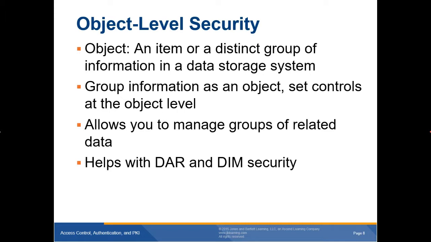An object is an item or a distinct group of information that is stored somewhere, usually in a relational database. Again, as we talked about, databases can be secured, but it can be grouping information. This allows you to manage the data going through.